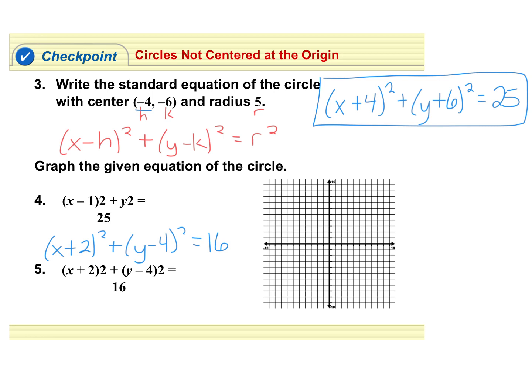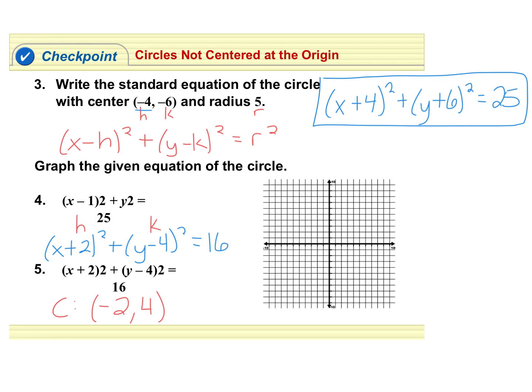To get the graph, we need to find two things: our center, which I'm going to label C, and the radius. Remember, center is h and k, and since they're opposites, we need to think opposite. The opposite of 2 is negative 2. The opposite of negative 4 is positive 4. So there's my center.